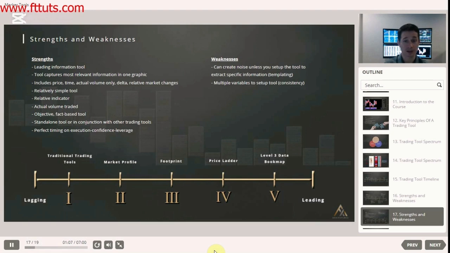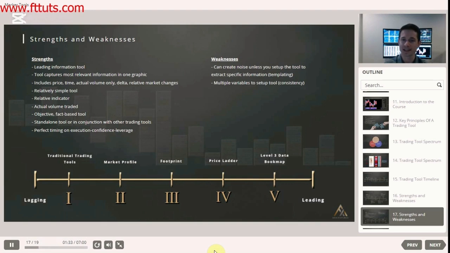Also, as I will warn you as we go through units 2, 4 and 5, don't change your settings too often. When something's not working or you're not necessarily understanding the information, don't look to change the tool just to see the information in a different manner, okay? There's a reason we set up the tool very simply. It's because it can give us effective information that we can make strong decisions upon.